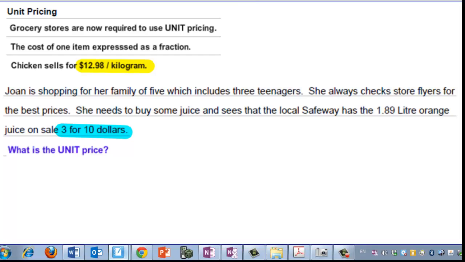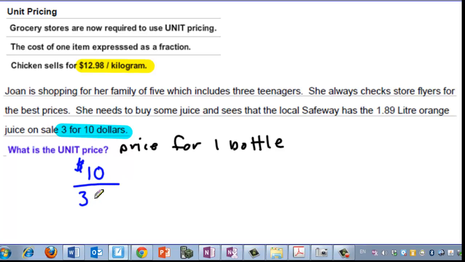Our goal when calculating the unit price is to find the price for 1 bottle. So, since in this example we are trying to buy 3 bottles for a price of $10, we are going to examine the $10 and divide $10 by 3 bottles of juice.